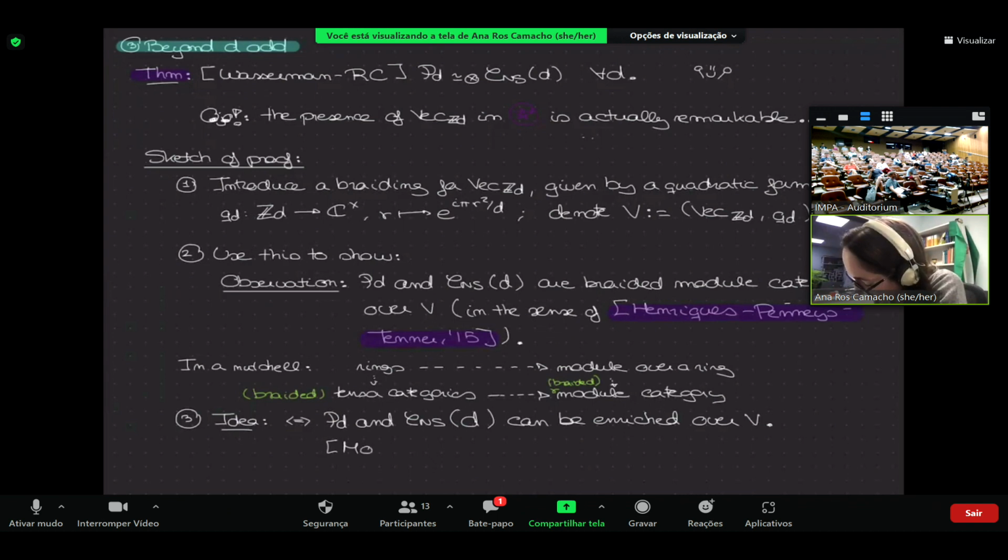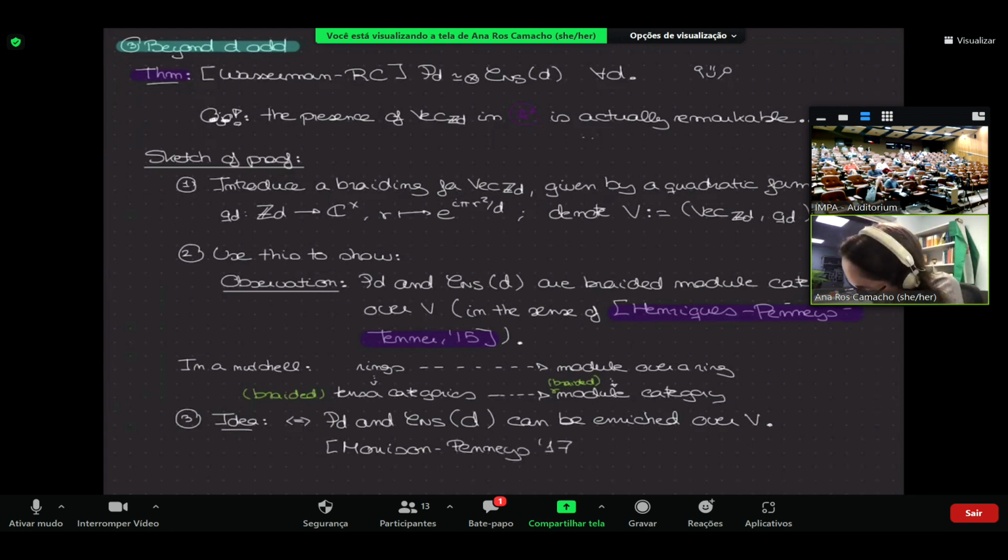that this notion of monoidal categories enriched over braided monoidal categories is in the sense described by Scott and Dave.